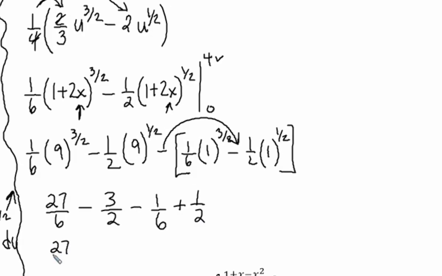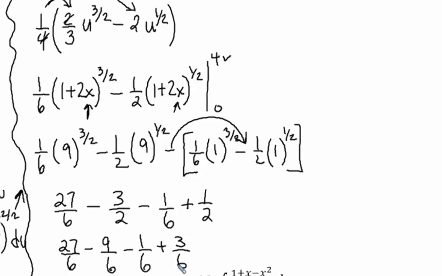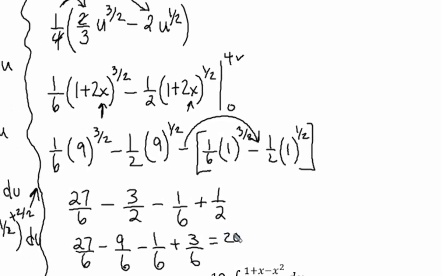So if we changed everything into sixths, we'd have 27/6 minus 9/6 minus 1/6 plus 3/6. So it appears we have 20 over 6.